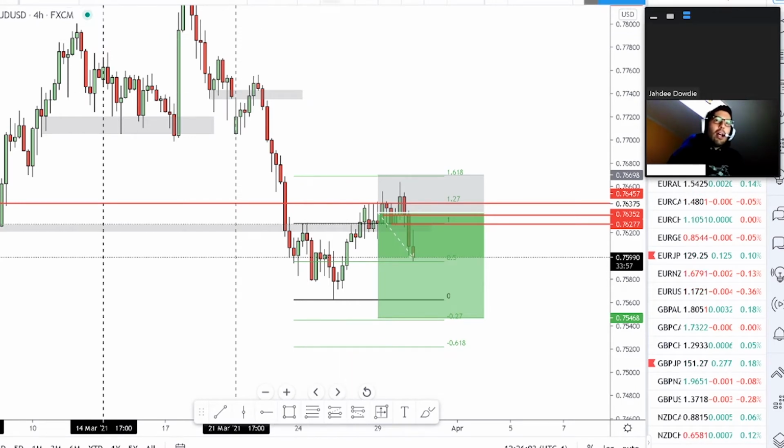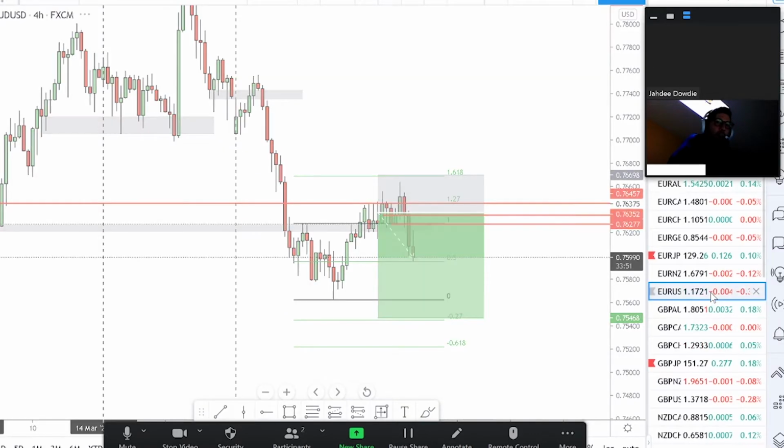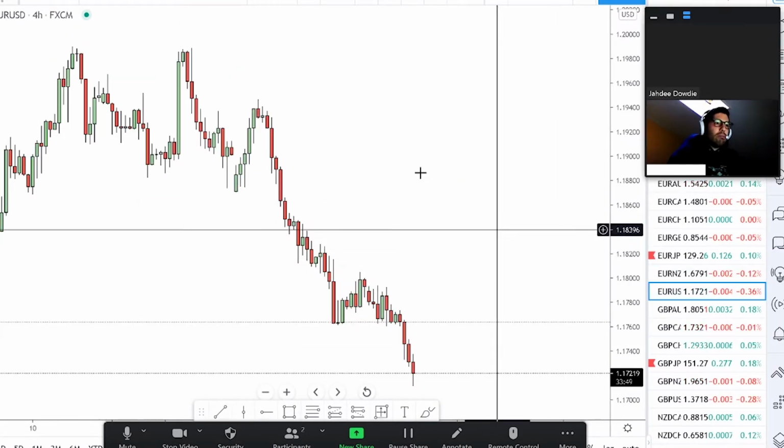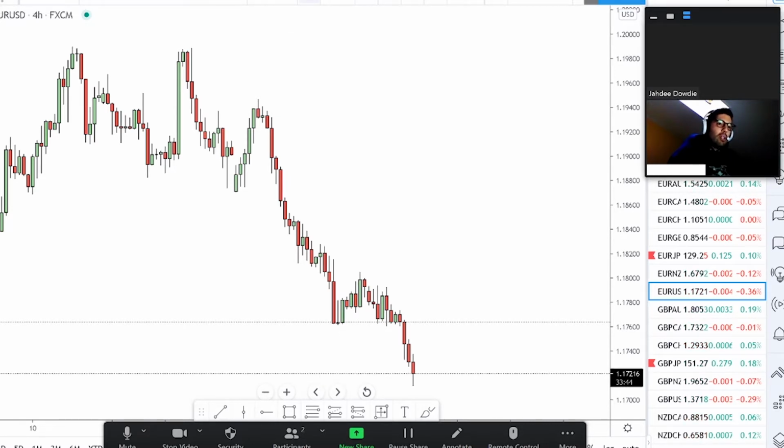Sometimes I feel that on MT4, for example, I have a different view compared to TradingView.